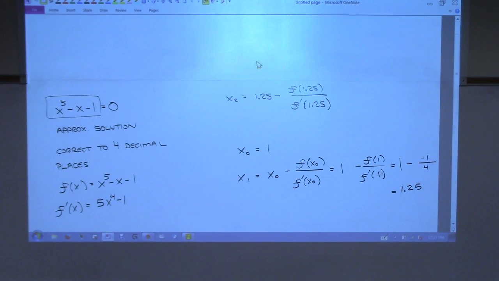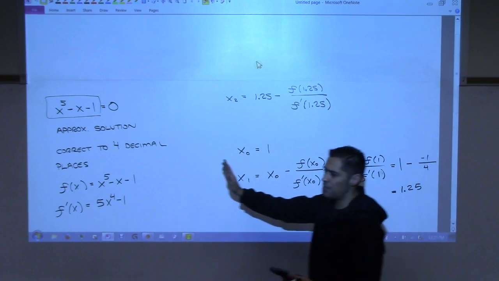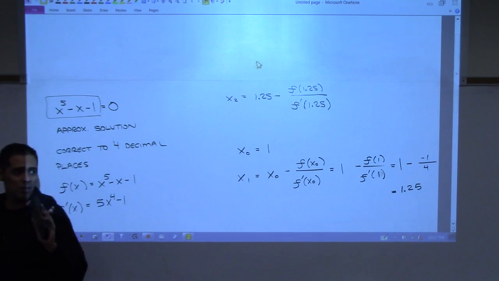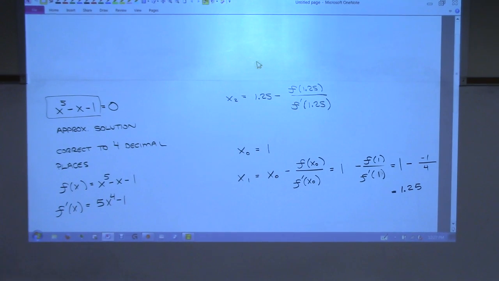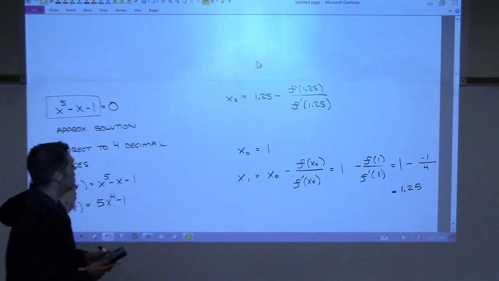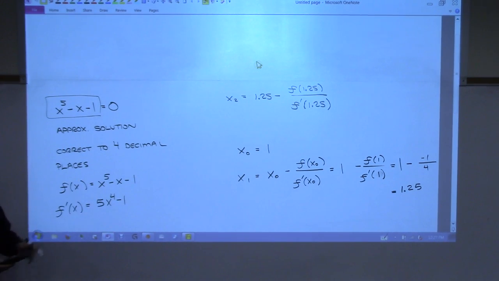Calculator time. Now, since we're going to go to 4 decimal places, whatever we get on our calculator, let's go to at least 5 or 6 decimal places so we don't get too much rounding error. So what happens when you plug 1.25 in here? So 1.25 raised to the 5th minus 1.